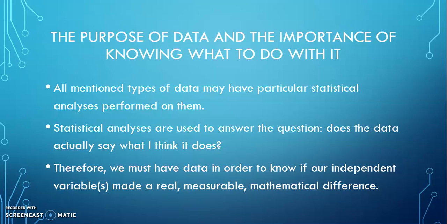So you use statistics to actually tell you what your data is saying. It helps you have a definitive, clear-cut guideline that scientists use to say, okay, this data does tell me what I think it does. So I can either reject or fail to reject my null hypothesis based on what my statistical test tells me. So did my independent variable make a difference or did it not?